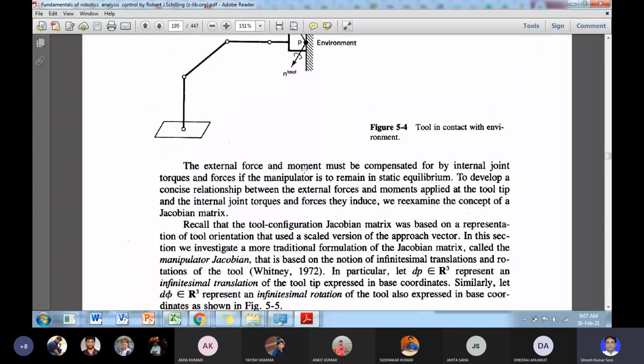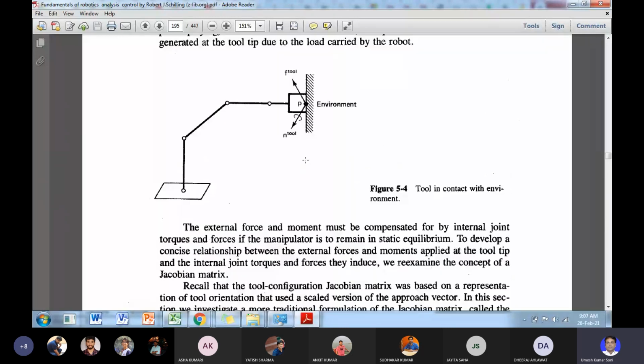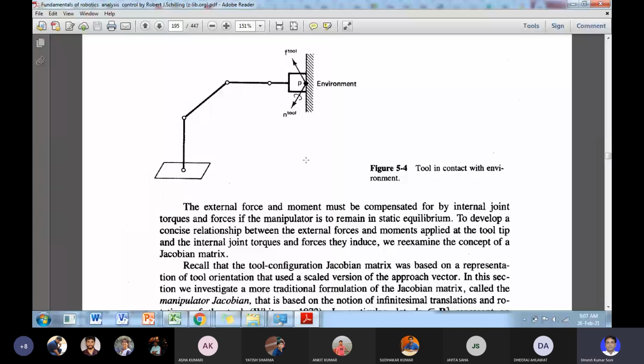So here we develop the Jacobian matrix. Previously we have studied the tool configuration Jacobian matrix. That was the representation of tool orientation in terms of the joint variable velocity.